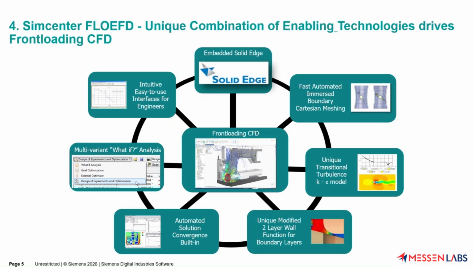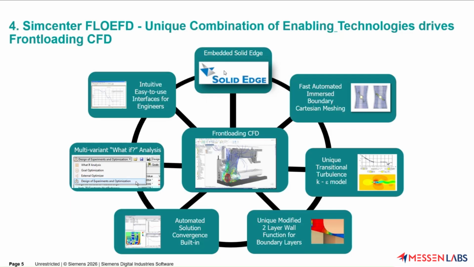So now let's discuss some of the unique enabling technologies which drive front-loading CFD. And when I say front-loading CFD, it is this approach which Simcenter FloEFD follows. We call it front-loading CFD, which is different from the traditional CFD methods. So let us discuss the different features FloEFD has. First of all, embedded CAD platform.